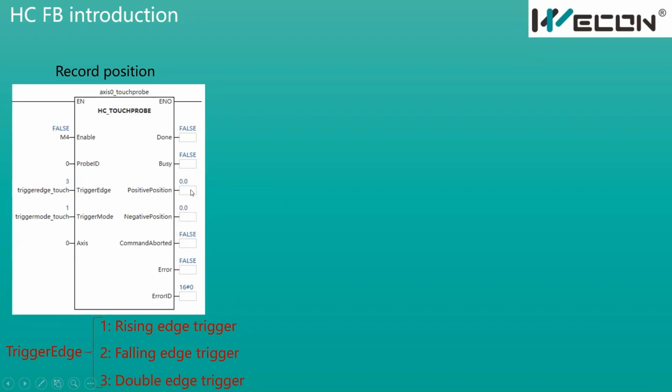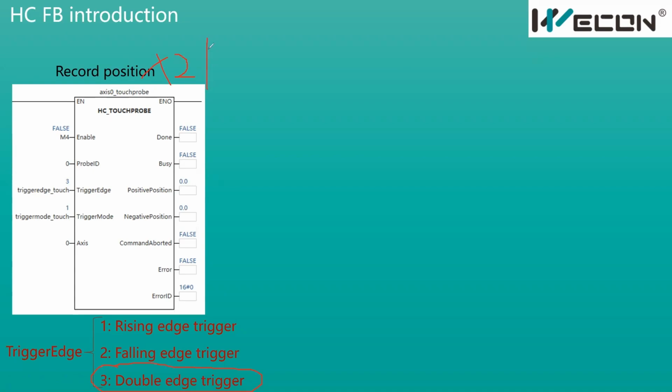And on the output side, we have a positive position and a negative position. So here, for example, we use double edge trigger, and we use X2 as our touch probe.